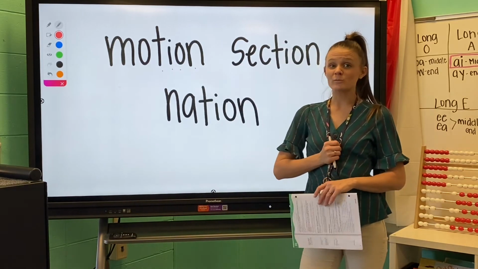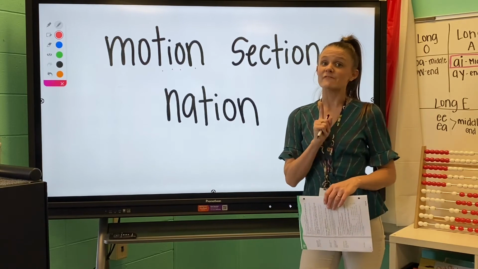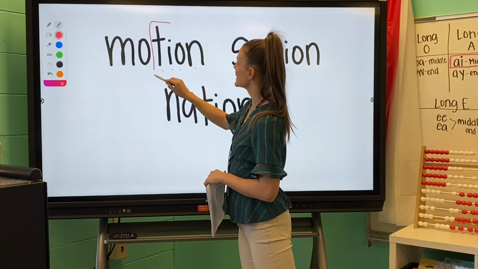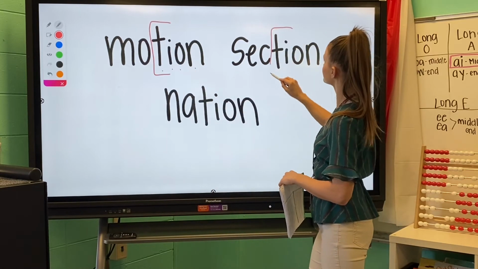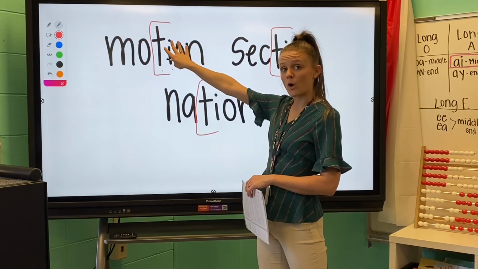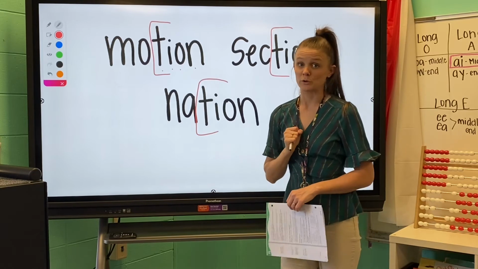So if you guys remember from when we learned these earlier this year, we code these final stable syllables by putting a bracket in front of them to show that they are their own syllable, but they cannot be removed like a suffix can be removed.